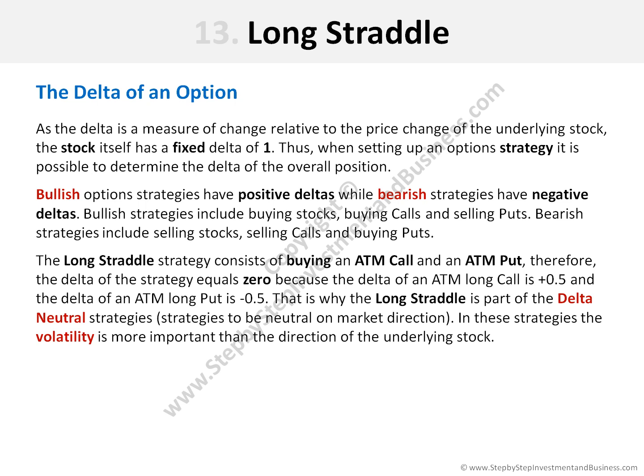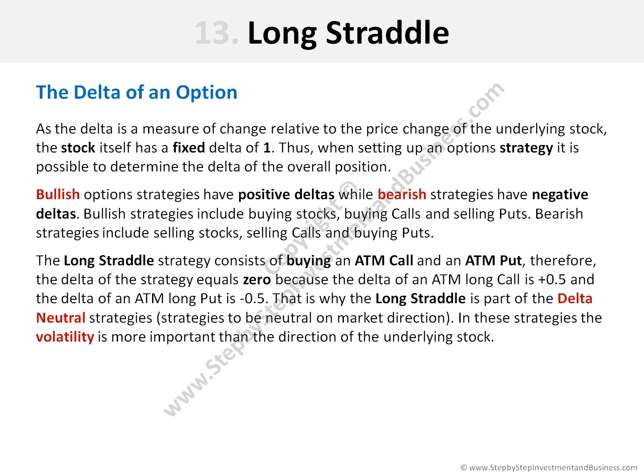The Long Straddle strategy consists of buying an at-the-money call and an at-the-money put. Therefore, the delta of the strategy equals 0, because the delta of an at-the-money long call is plus 0.5, and the delta of an at-the-money long put is minus 0.5.